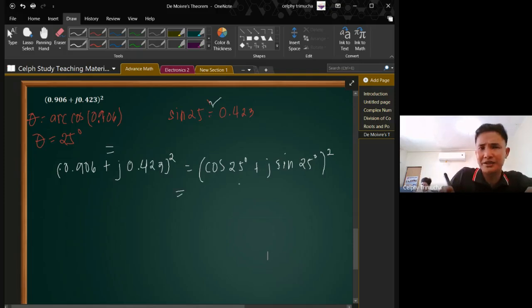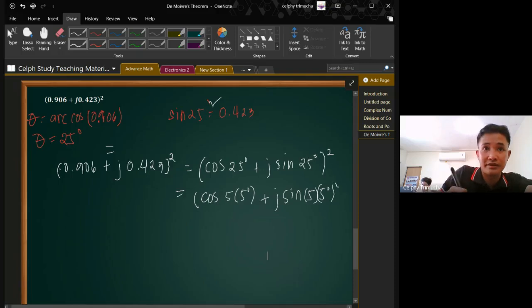The factors of 25 are just 5 times 5. So we will use 5 times 5, and we will have cosine 5 times 5 degrees plus j times sine 5 times 5 degrees, squared.